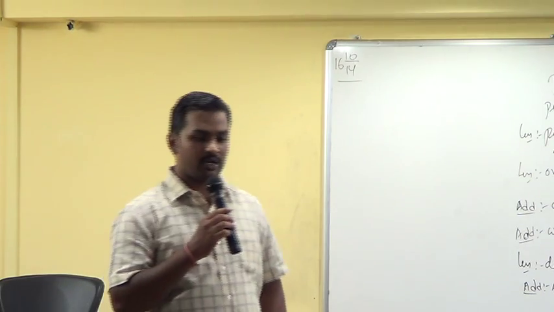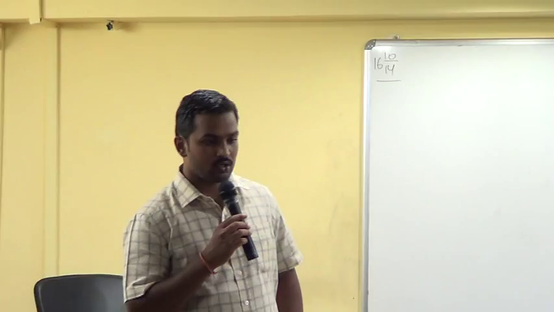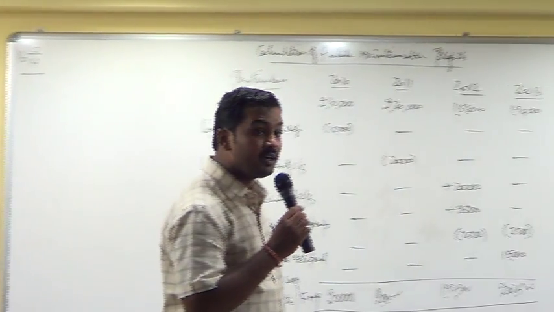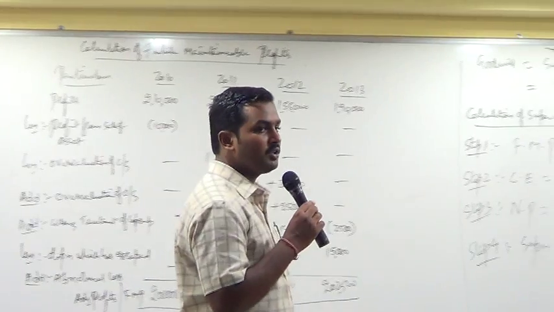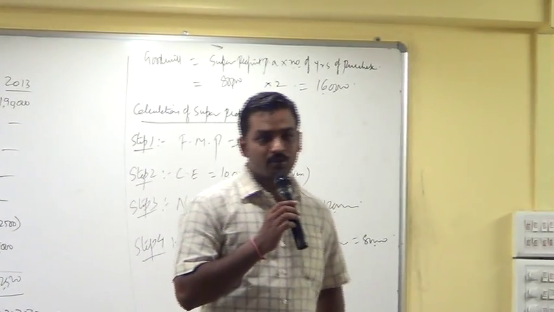So how do you calculate it? Average annual profits divided by NRR percentage. You get the normal capital employed, or it is also called as the capitalized profits.